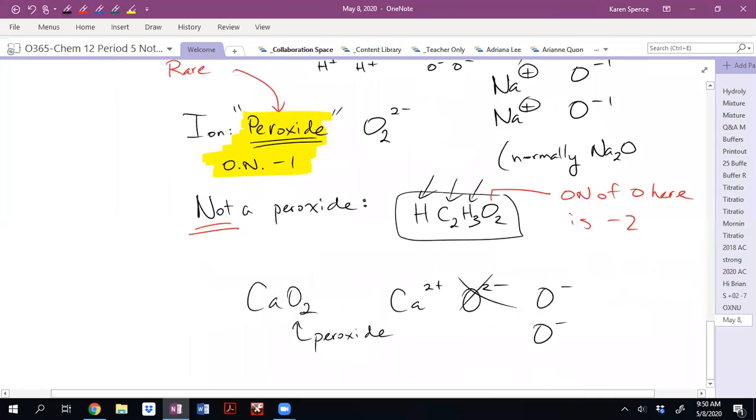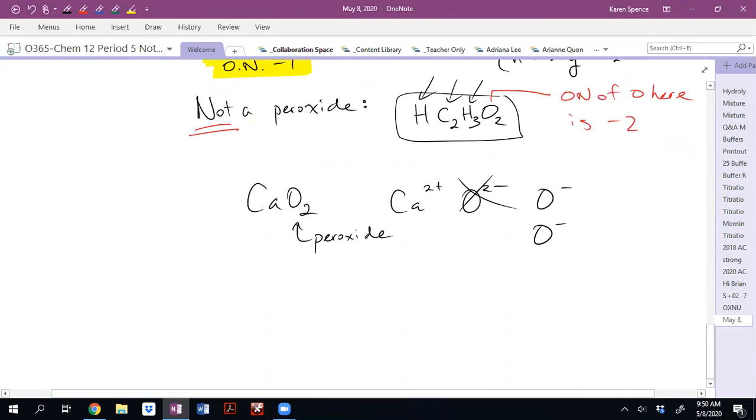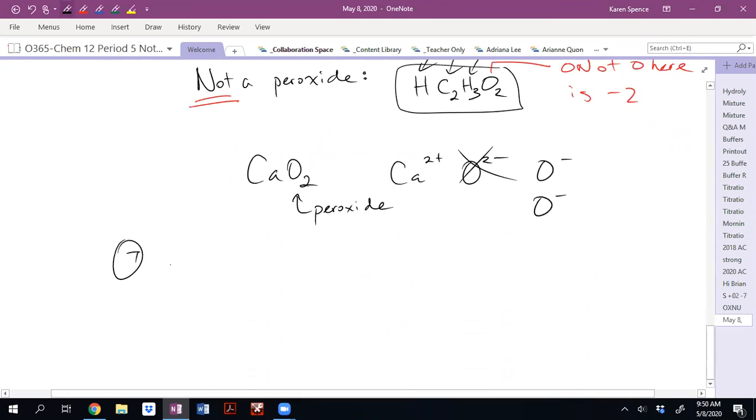All right, what number was that? That was number 6. Number 7 is the halogens. And with halogens, the oxidation number is usually, just like fluorine, -1.